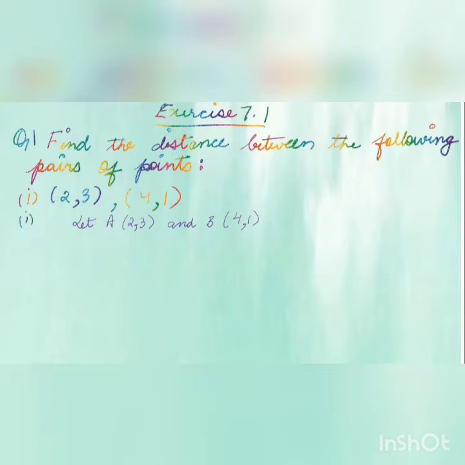Now using the distance formula, AB equals, what was the distance formula? It was the square root of x2 minus x1 whole square plus y2 minus y1 whole square.